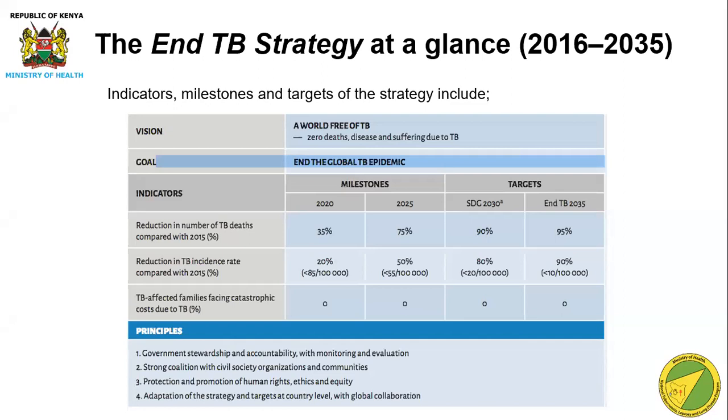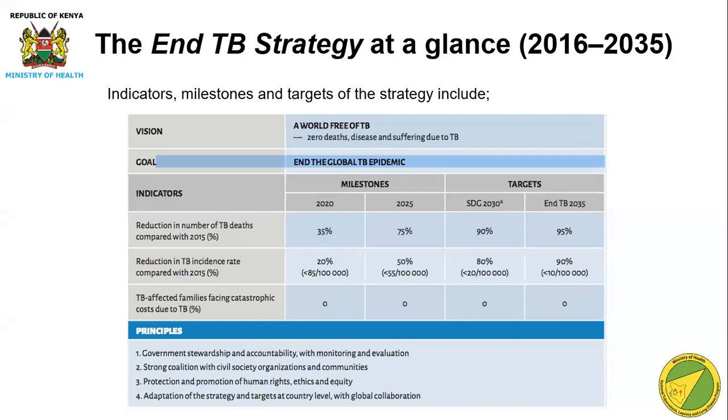In terms of the indicators, we look at reduction in the number of TB deaths compared with 2015, reduction in TB incidence, and TB affected families facing catastrophic costs. The expected milestone is as indicated on the screen.